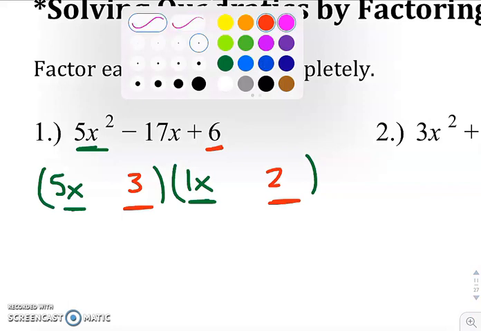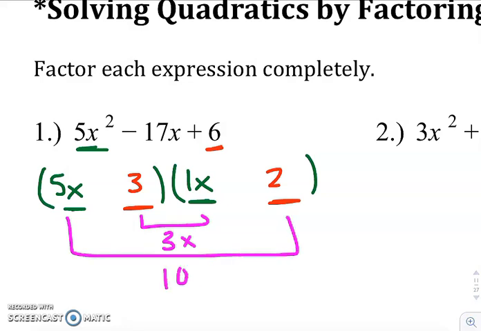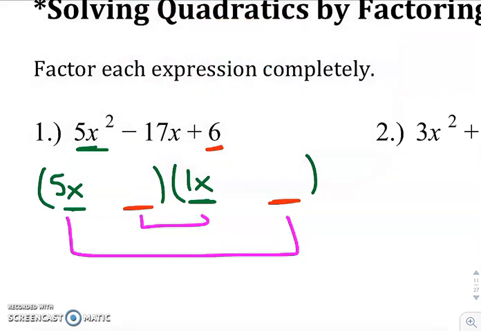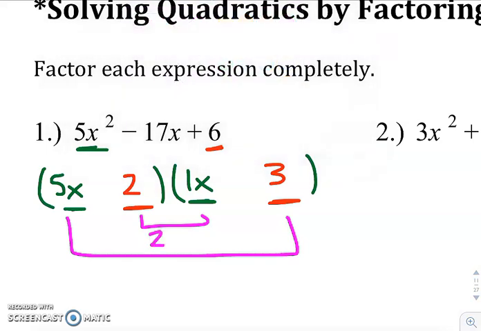So let's see here. 3 and 1, so that would be 3x. 5 times 2 is 10. So 10 and 3 does not add to get you 17. So this is not correct. So let's try if we switch it, 2 and 3. So then if we check again, this would be 2x. 5 times 3 is 15.